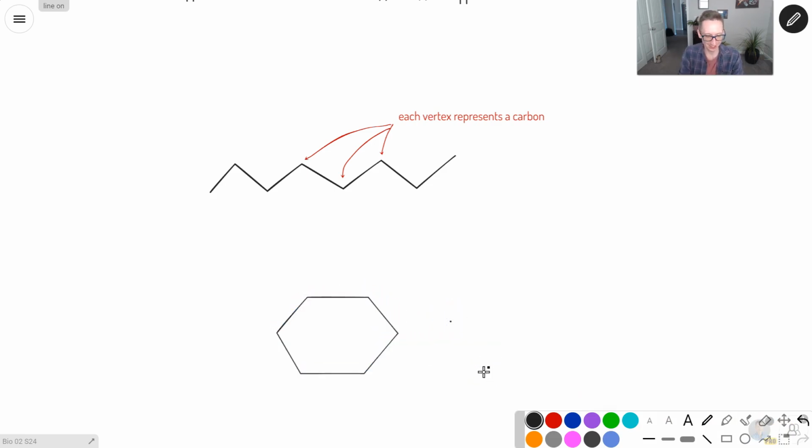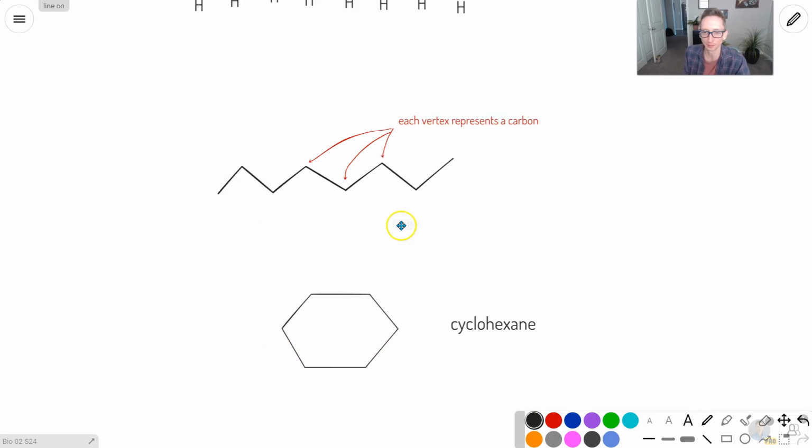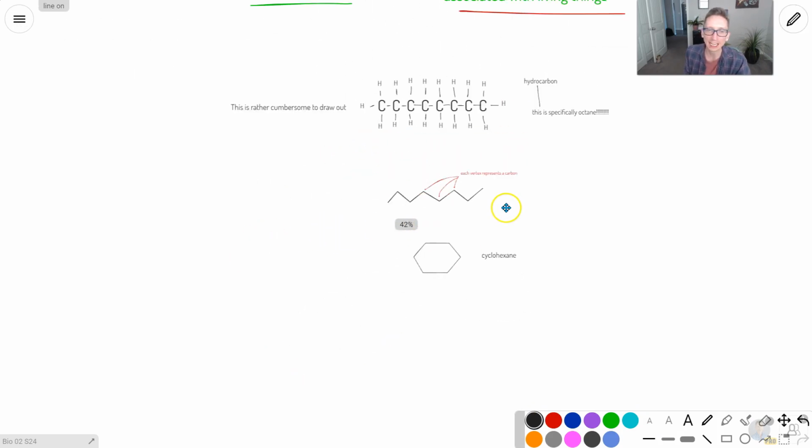This would be cyclo, it's like a cycle. Cyclohexane. It's got 6 carbons. You don't necessarily need to know the names of these, but I'm giving you an idea of them. And it's assumed, we don't draw them in, but there are going to be hydrogens coming off of all of these. Just giving you a little taste of how we draw this stuff.